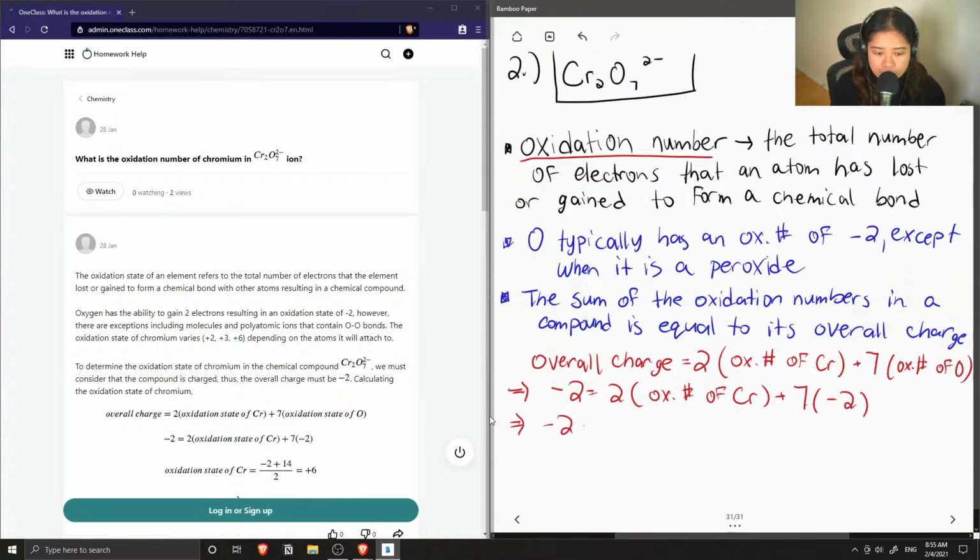So 2 plus 14 is equal to 2 times the oxidation number of chromium. So 12 over 2.